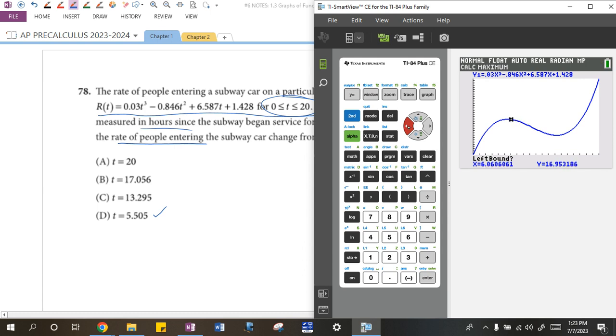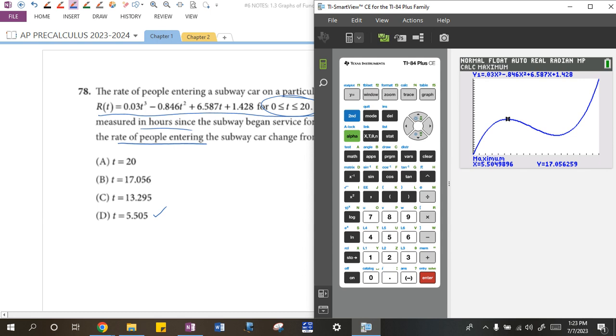You're going to help the calculator kind of zero in on where that maximum will be. So I think it's over here. So I'm going to stop my cursor here and press enter. You should see an arrow and maybe a line. And it says right bound. Move your cursor to the right past the maximum and press enter. And then it says guess, so sure, guess. We'll calculate something that tells us where the maximum is.